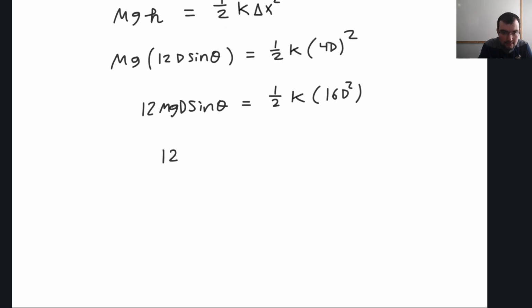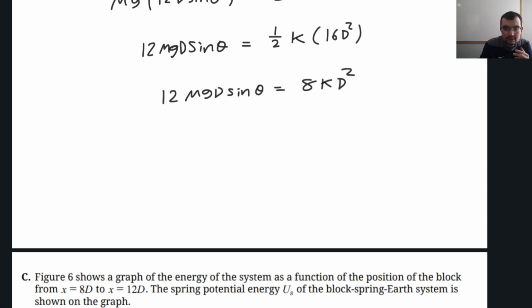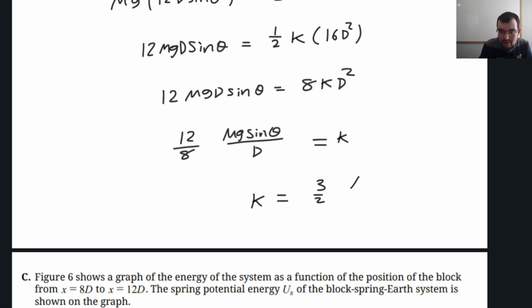So I get 12 mgd sine theta equals 8kd squared. Or canceling one of the d's and dividing, we'd get 12 over 8 mg sine theta over d is equal to k, or simplifying the fraction, k is equal to 3/2 mg sine theta over d.